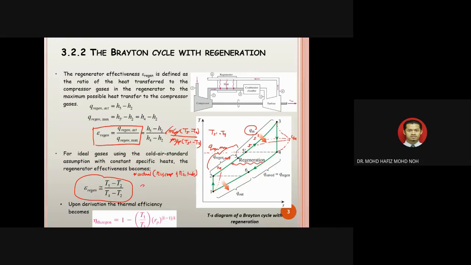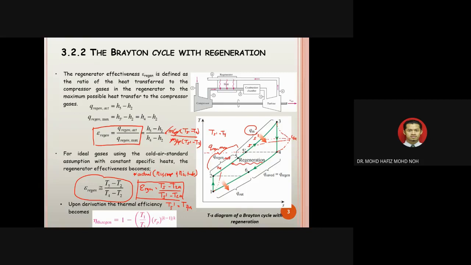So the effectiveness of regeneration will be T5 minus T2 actual, divided by T5 prime minus T2 actual, where T5 prime equals T4 actual in this case.